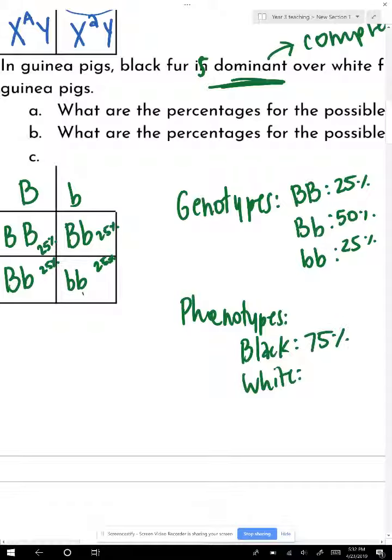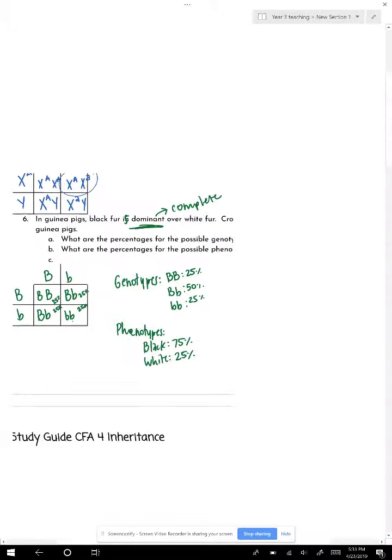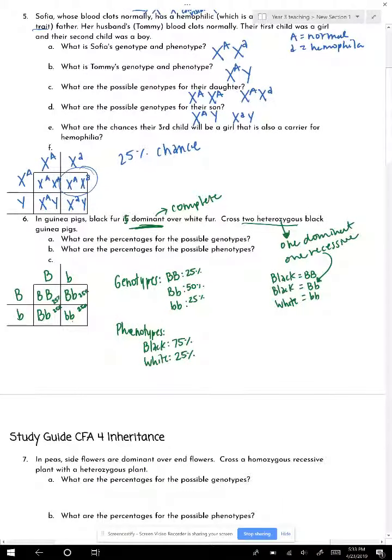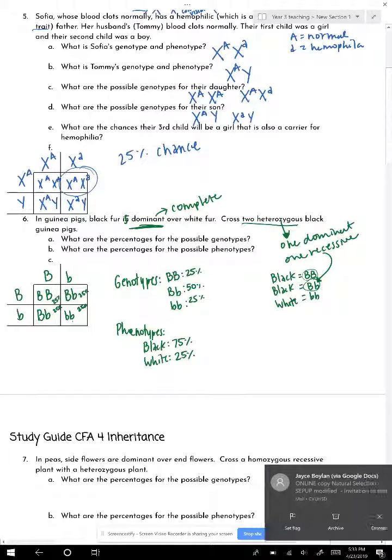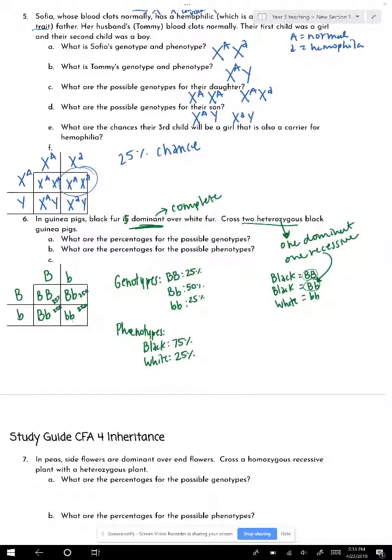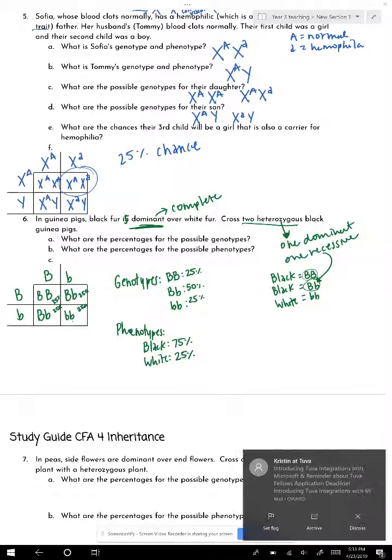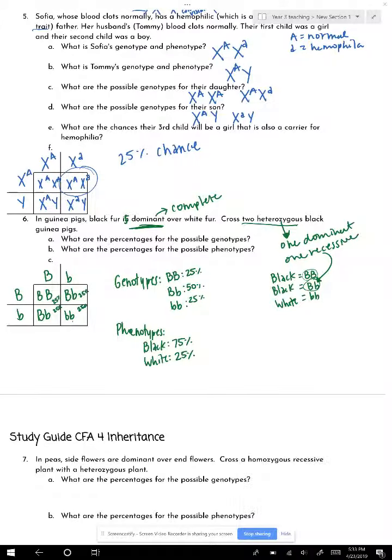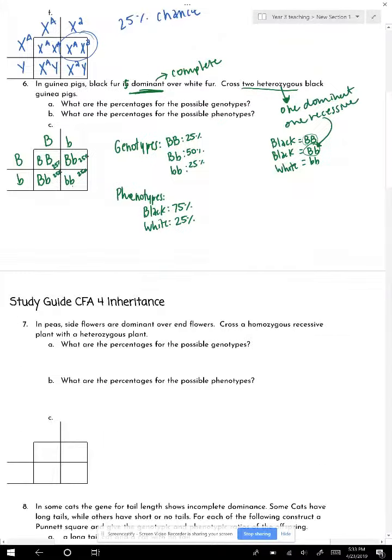And I have only one white guinea pig, and this is 25%. And again, I can use the reference that I made right here to see that. So the capital B's are black. Capital B, little b is black as well. So that is that one there.